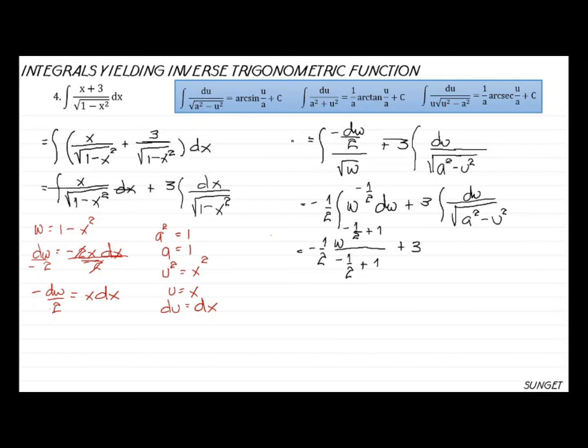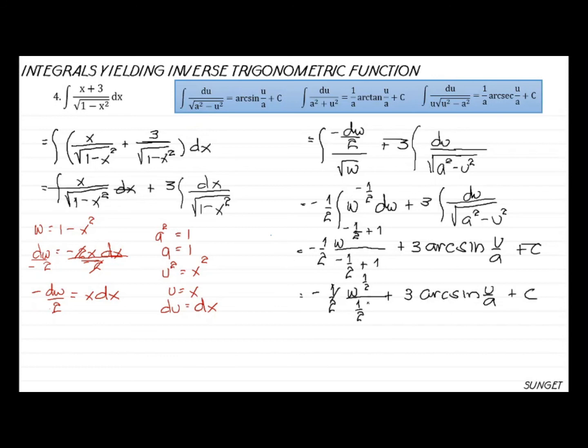So that is arcsine. So 3 times arcsine of u over a plus c. Simplify. So negative 1/2 times w raised to 1/2 over 1/2 plus 3 arcsine u over a plus c.